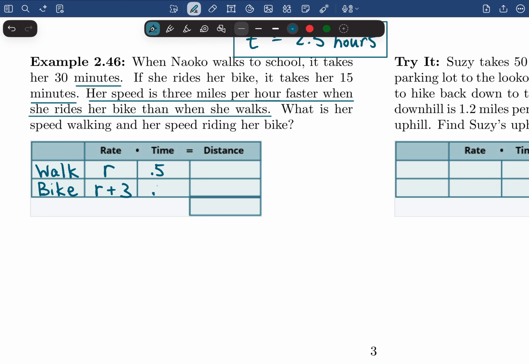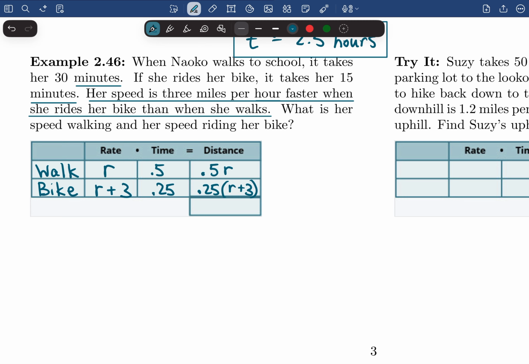It just depends if you want a fraction or a decimal. I'll put them as decimals just for fun. So the total distance walking would be 0.5 times r, the rate times the time. And biking would be 0.25 times r plus 3.